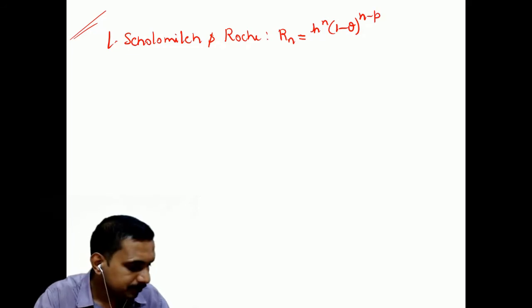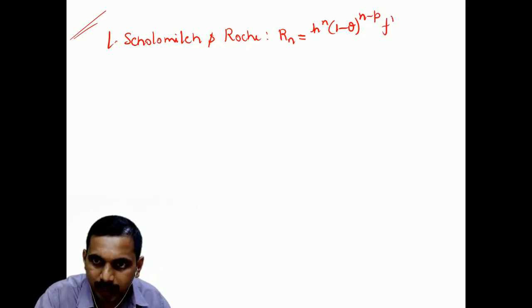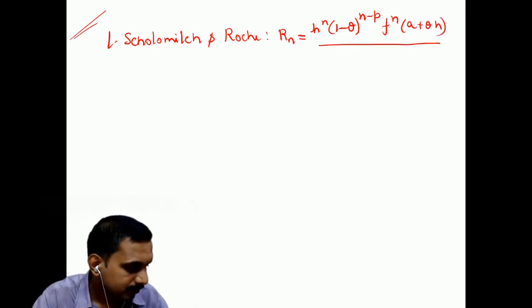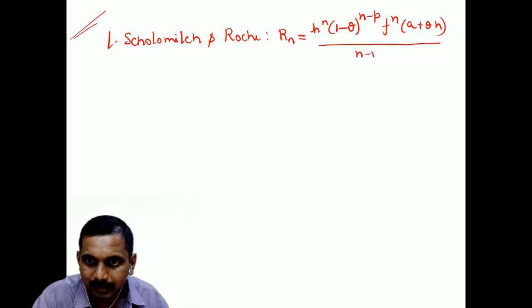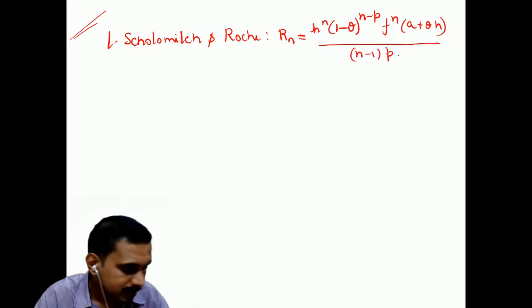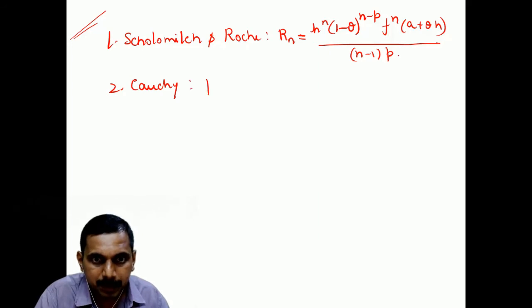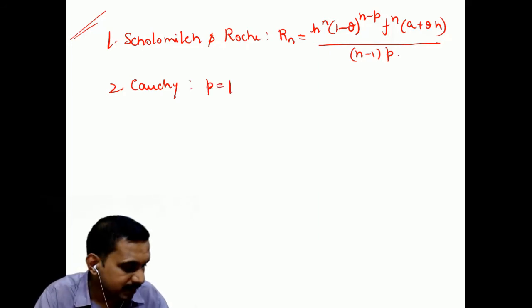N minus p and f raised to n into a plus theta h divided by n minus 1 into p. Second one, if you take Cauchy, then we have p is equal to 1. Wherever p is there, we put 1.